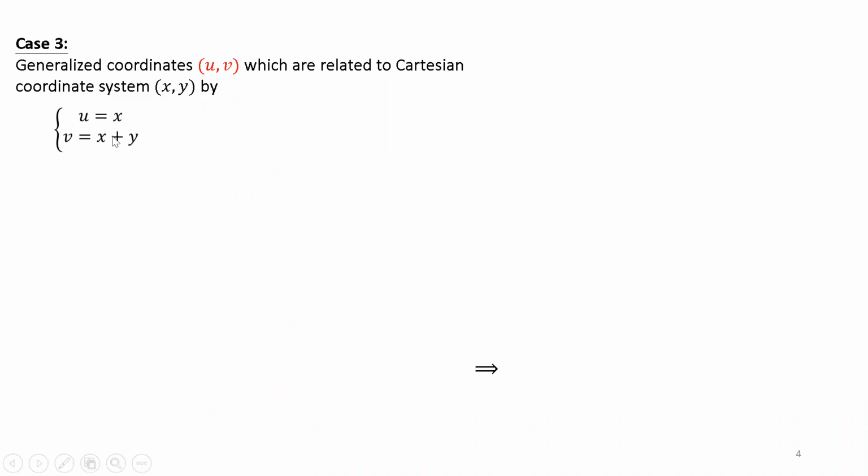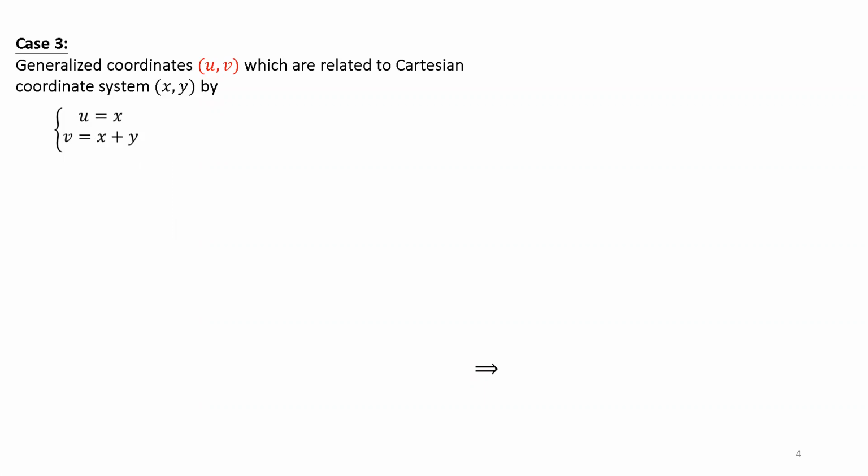Although we don't really use this pair of coordinates a lot, and I don't have an example that uses them, and I don't see why this is more convenient than using XY, this is a choice that we can have. I can call this UV a pair of generalized coordinates anyway.